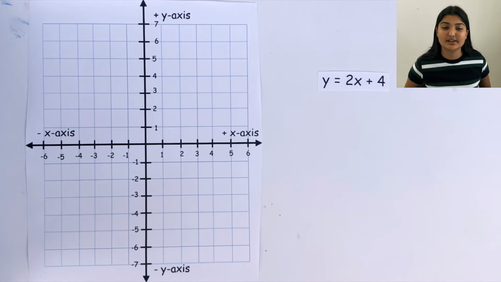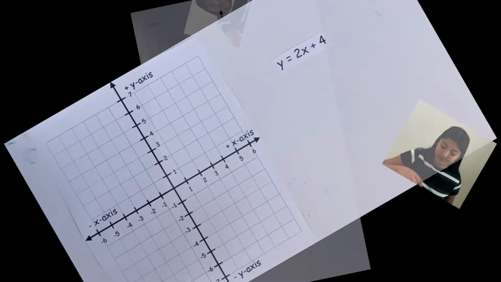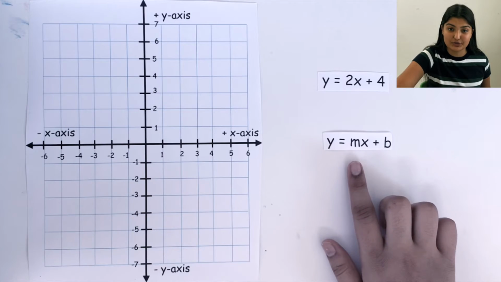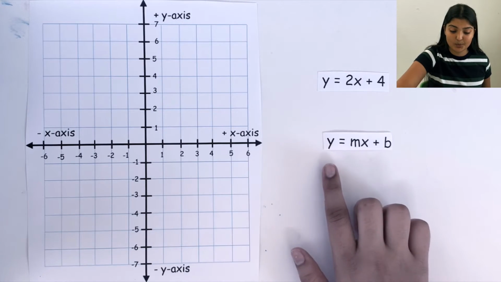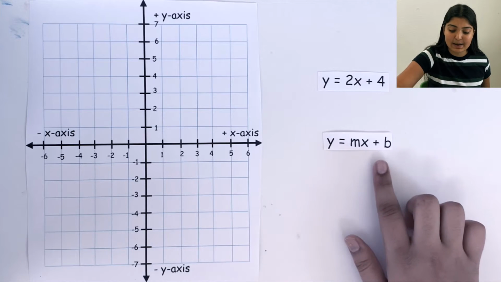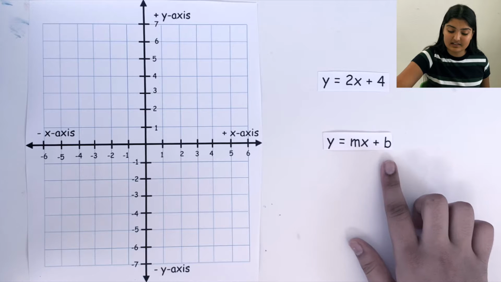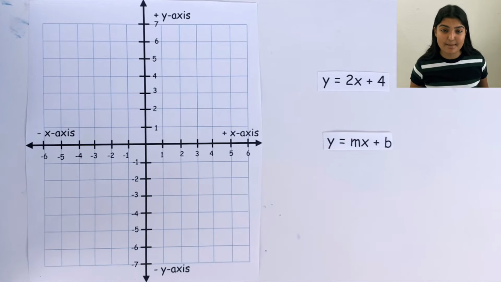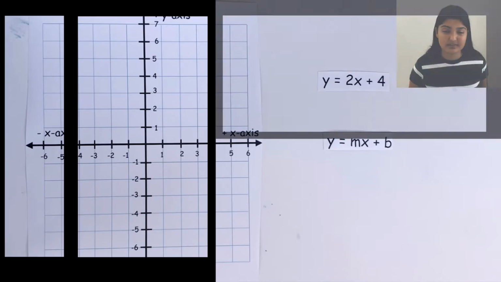Well, let's compare it to our original formula. This is our original formula: y is equal to mx plus b. Well, what do m and b mean?